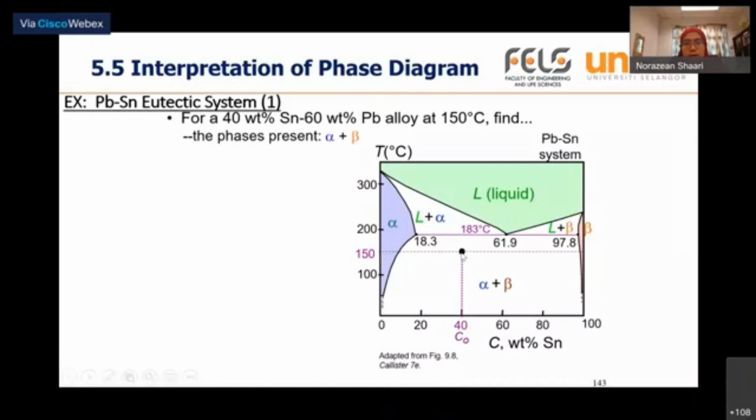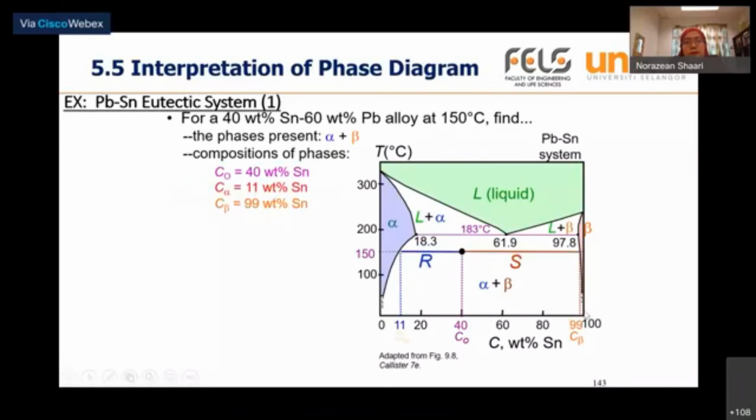And then composition, since dia ada dua phase kan, alpha and beta, so kita kena draw tie line. Okay, then we get C alpha 11, C beta 99. Sorry, saya kena laju sikit.